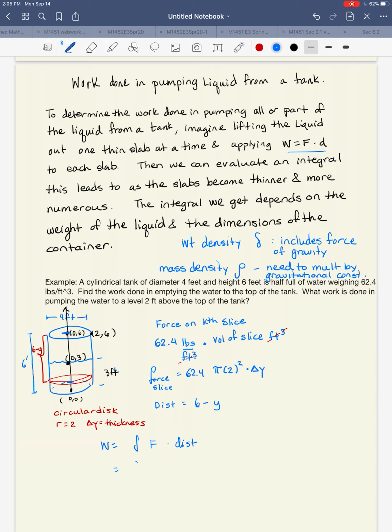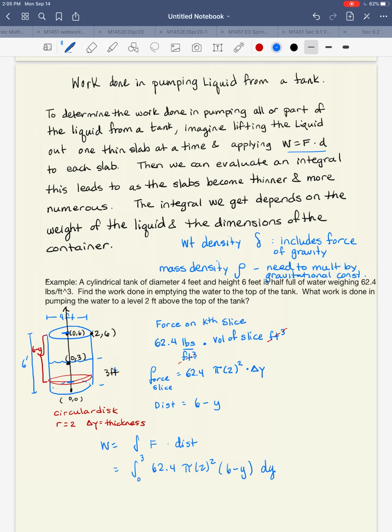So we built the force by taking the weight density times the volume of the slice. The delta y becomes the dy, and then the distance. And then the integral limits represent the depth of the liquid, because we make these slices only in the liquid. We're halfway full, so the liquid goes from 0 to 3.